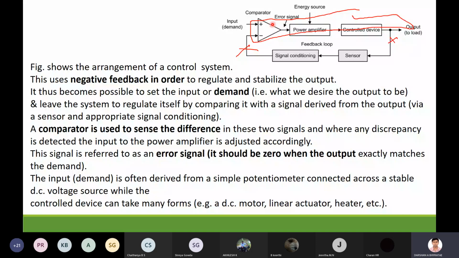Based on the comparator, whenever the two input signals are the same or equal, there is no error signal. Whenever there is no error signal, it will not perform any amplification. Whenever there is no amplification, the control device is going to achieve stability. Stability is nothing but getting the constant output here. So that is what we are going to use as negative feedback in my device here. Are you getting it?